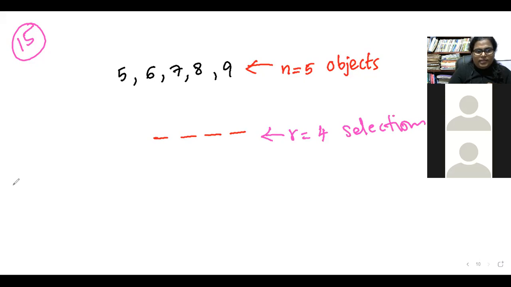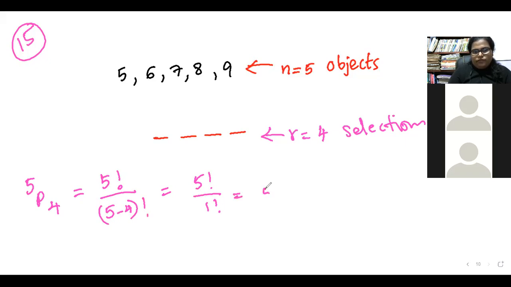So we can get the answer by 5P4. The formula is 5 factorial divided by (5 minus 4) factorial. So it is 5 factorial divided by 1 factorial, which is 5 into 4 into 3 into 2 into 1.